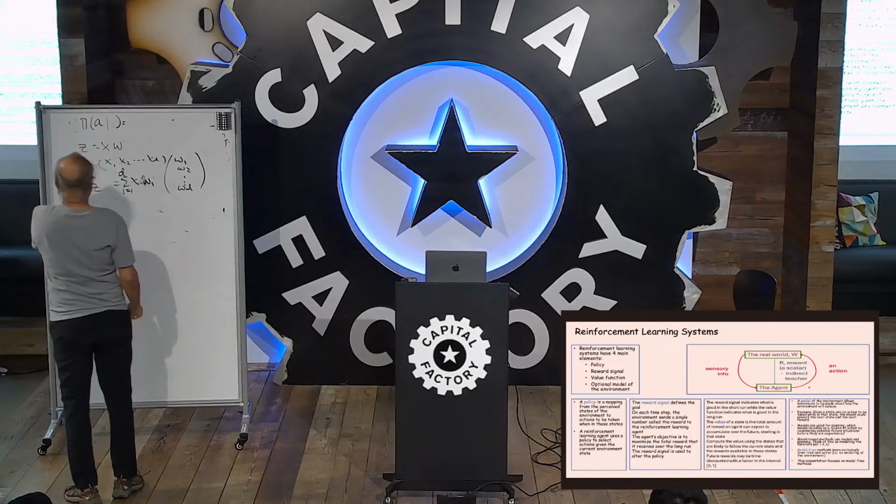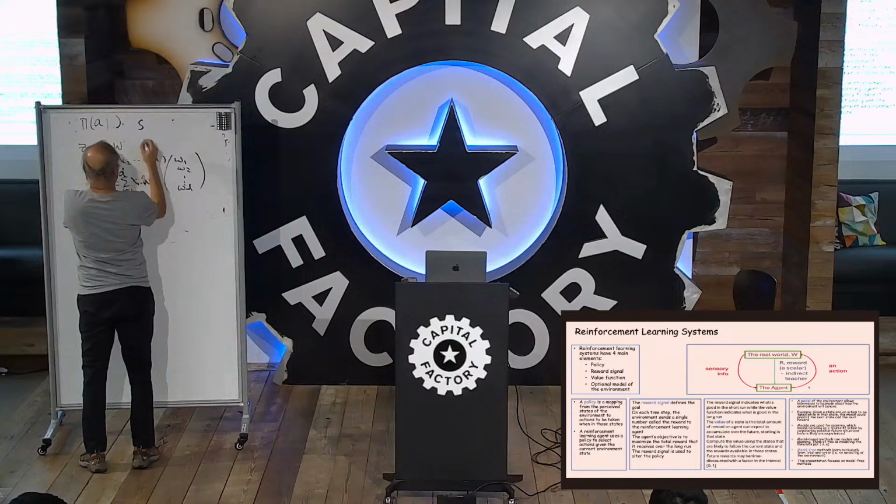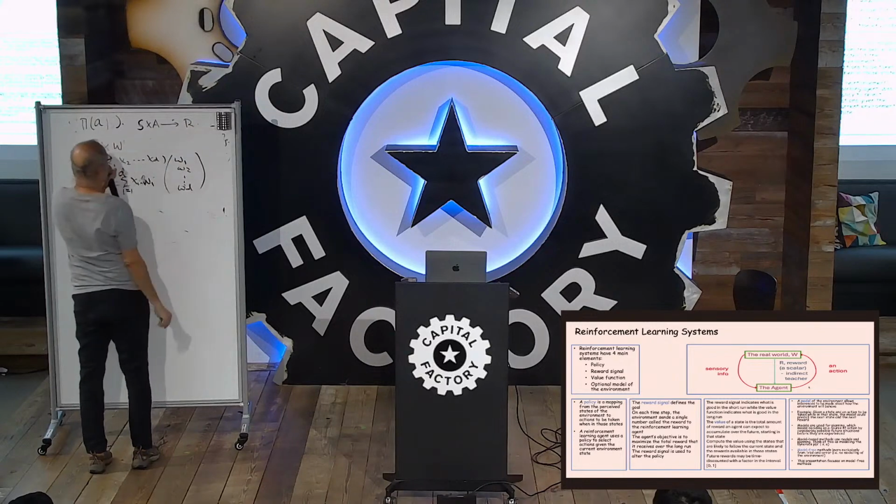This policy is nothing but you have the actions, the state space, and the action set. It's a mapping from the state set, the set of variables in this state, and the action here to a reward.